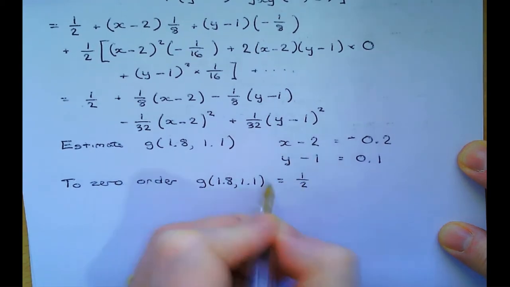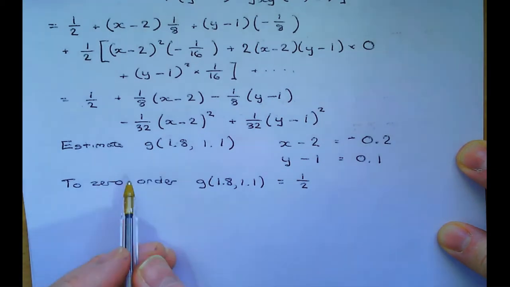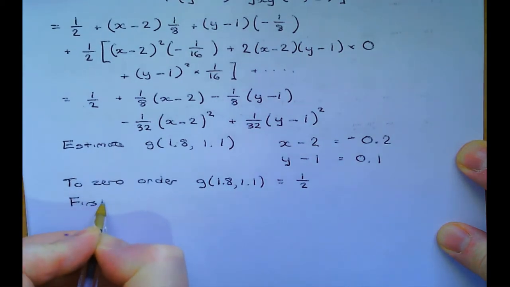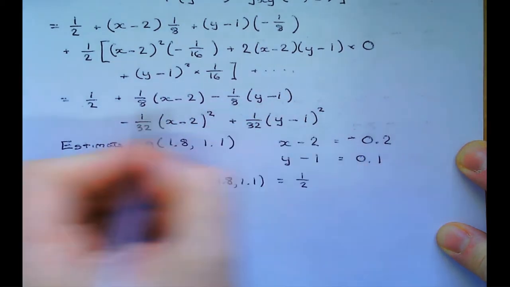For the 0 order, it gives a 1/2 everywhere. Probably no real reason to assume that is specifically accurate, but it's our starting point. The first order, that's the top line here.